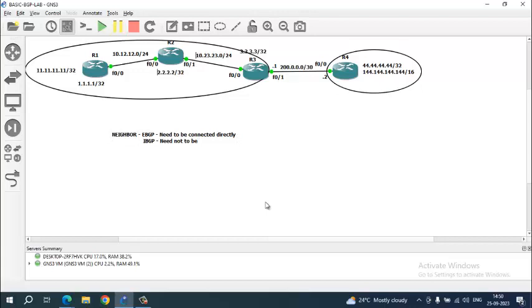That is one thing that we are going to see. Secondly, if it is an IBGP neighbor, like router 1 and router 3, the relationship between router 1 and 3 is going to be IBGP. It's BGP only, but we call it an IBGP relationship because it is within the autonomous system.